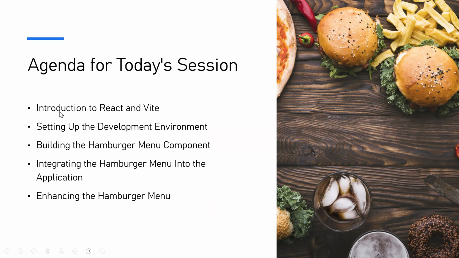So we're discussing introduction to React and Vite, what React is and what Vite is, setting up the development environment, building the hamburger menu components, integrating the hamburger menu into the application, which you saw, the entire application that was integrated with the hamburger menu, and enhancing the hamburger menu.